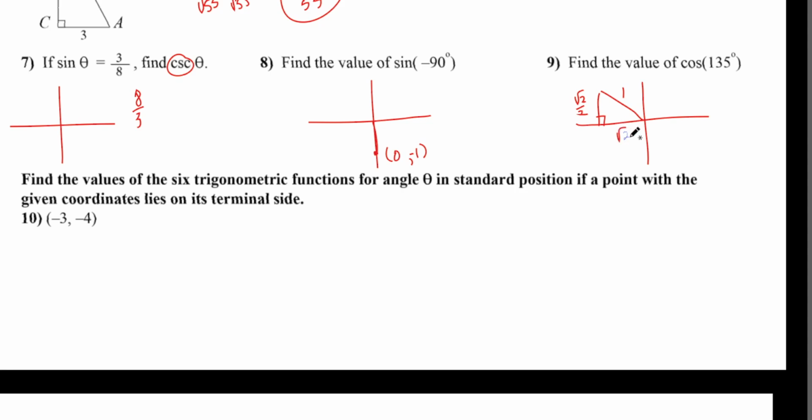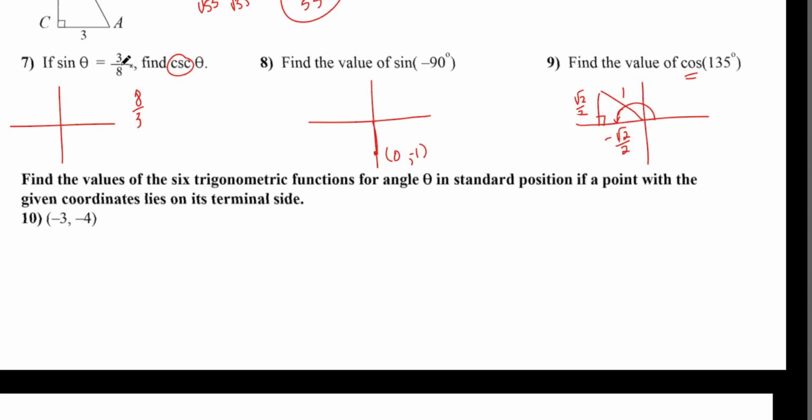It's the square root of 2 over 2. If it's a 45, 45, 90. But this is going to the left, so it's a negative, right? So what are we talking about when we talk about the cosine? We're talking about the x value, right? So what's the cosine of this angle right here? It's negative square root of 2 over 2.